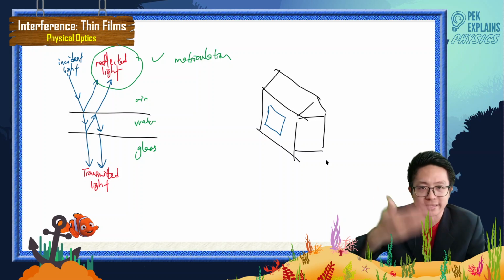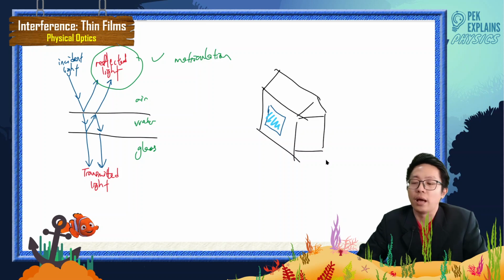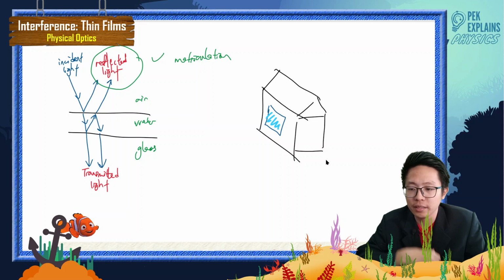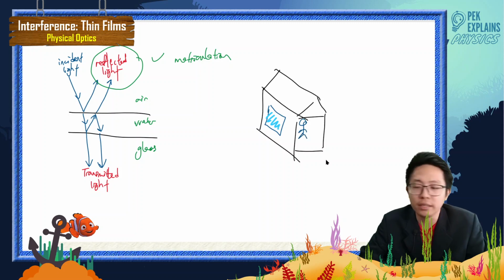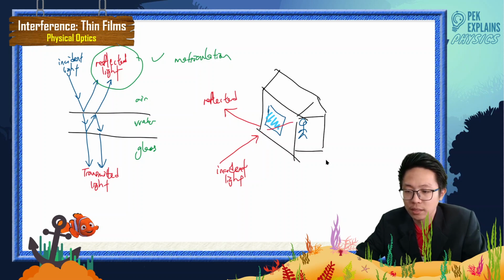The window also has a thin film. So the person inside the house will see what? The sunlight comes. This is the incident light. Part of it is reflected, part of it is transmitted, transmitted for the person to see.